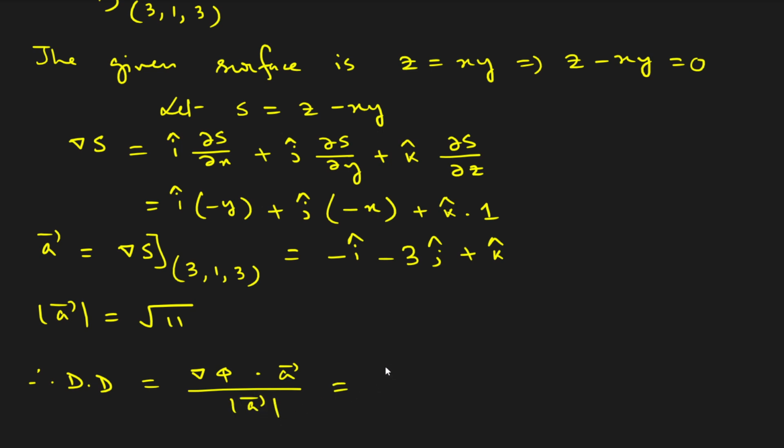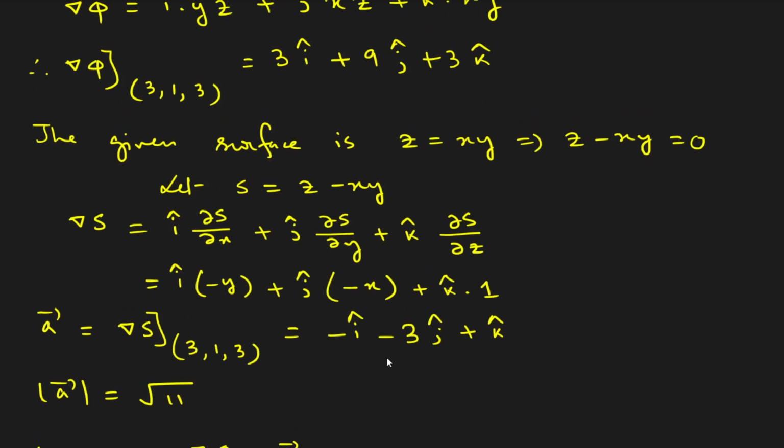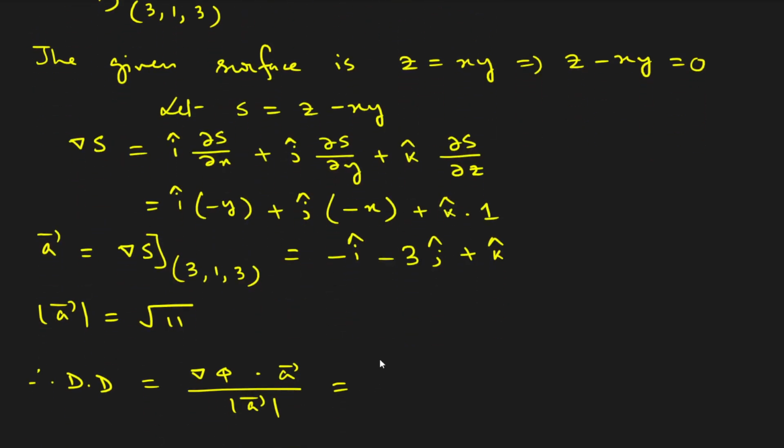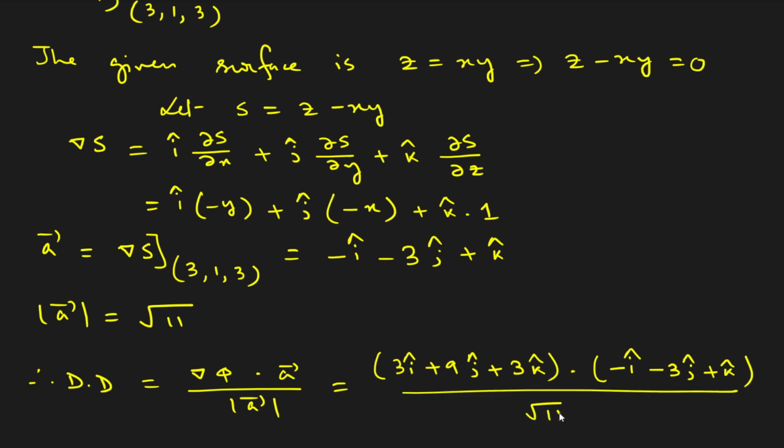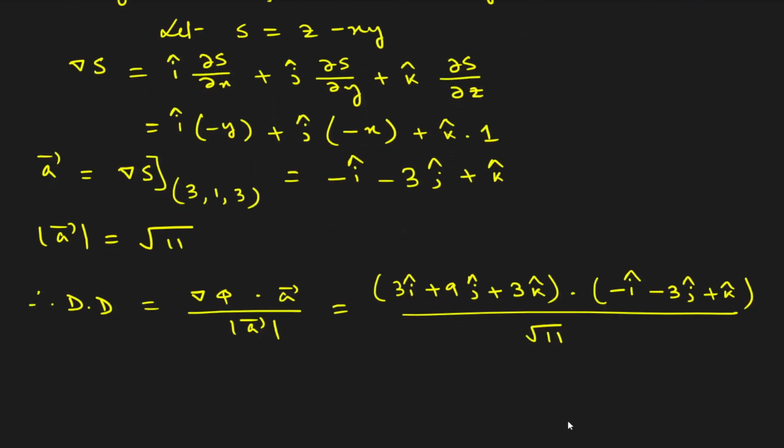Nabla phi, the gradient of phi, is 3 i cap plus 9 j cap plus 3 k cap, dot A bar, which is minus i cap minus 3 j cap plus k cap, divided by root over 11. After finding the dot product, it is minus 3 minus 27 plus 3. So it's minus 27 by root over 11.